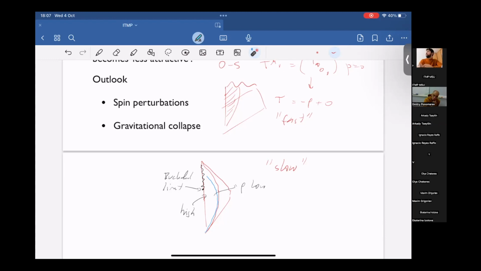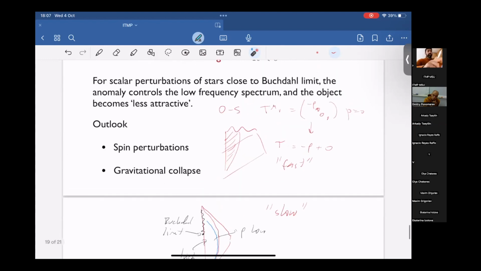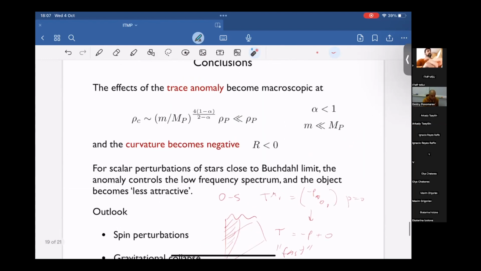You say that something important happens when the classical one gets of the same magnitude as the one coming from the anomaly. But can you explain again why it is important when they become equal or of the same magnitude, and what's the difference between these two situations when you consider a Ricci tensor versus a Ricci scalar?